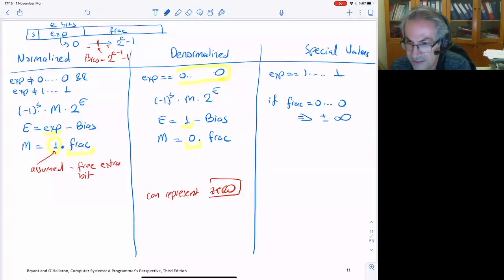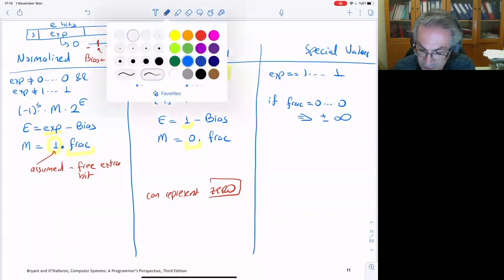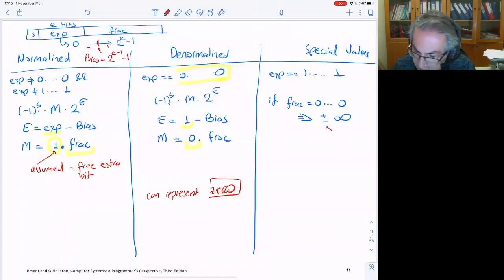Yes, we have an explicit representation of plus and minus infinity. And how do you know where this plus or minus comes from? Well, this is determined by, remember, minus 1 to the power s. So with the sign bit set, I can have plus infinity or minus infinity.